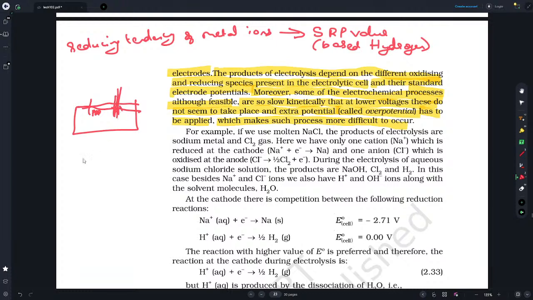What if it takes 100 years? It's not real, it's just an example value, for just one speck of the metal to deposit on this electrode. It takes a really long time, right? Even though it is feasible, it takes such a long time, which is slow kinetically.